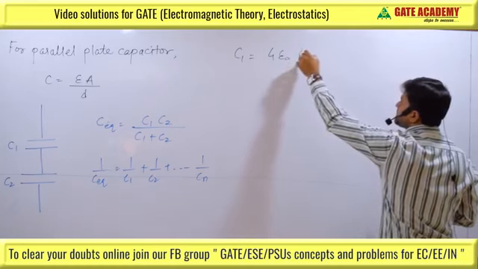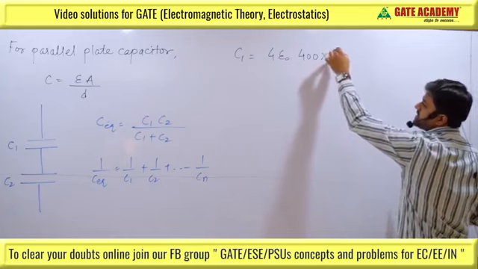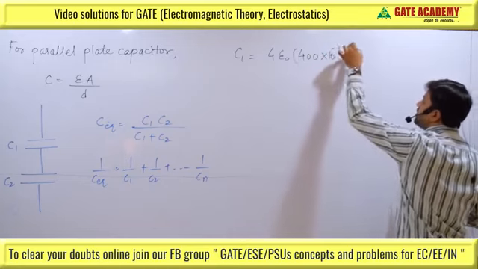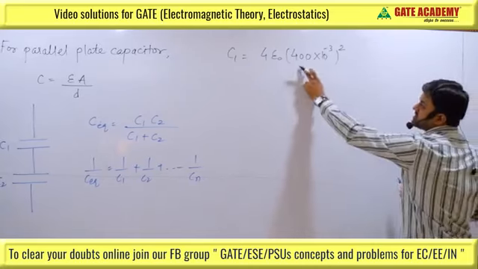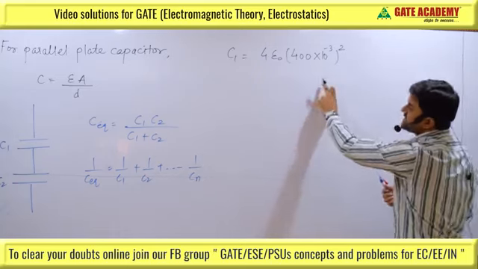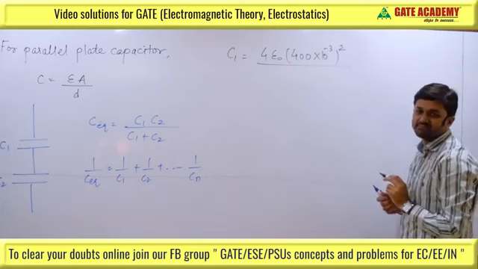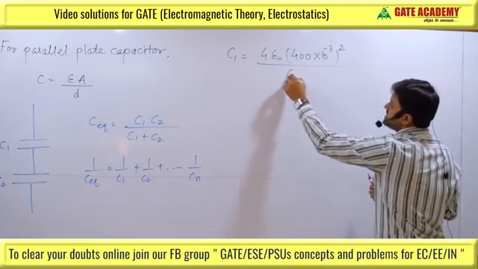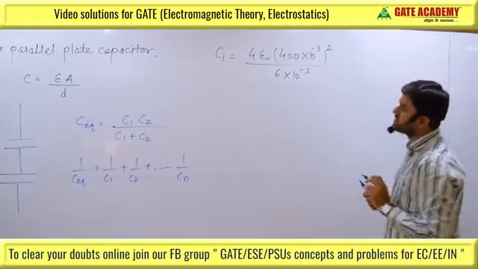This is 400 into 10 raised to power minus 3 whole square, because this is a square conducting plate, so the area is side square, and its side is 400 into 10 raised to power minus 3, divided by distance between the plates, which is 6 into 10 raised to power minus 3, 6 millimeter.